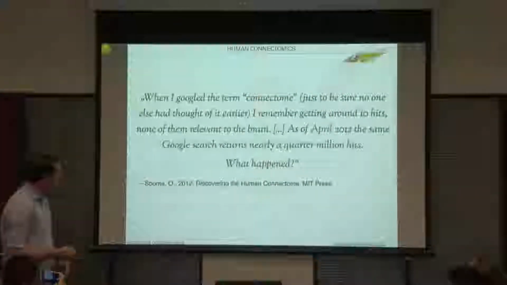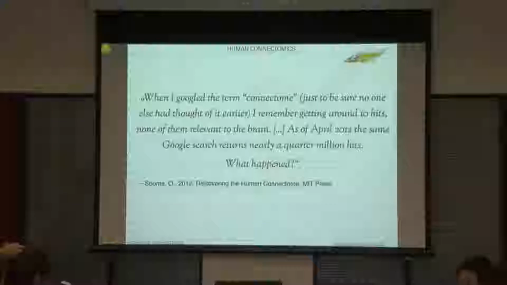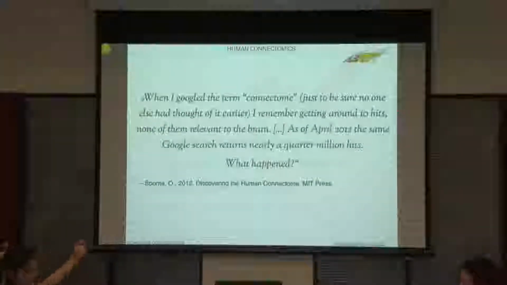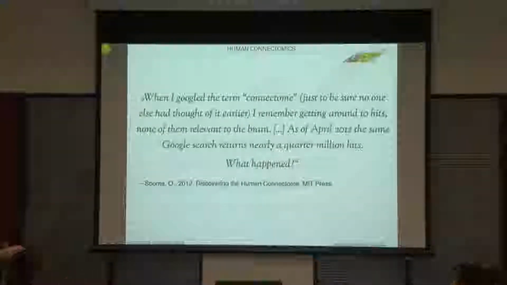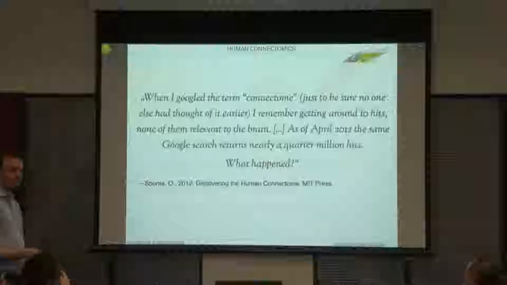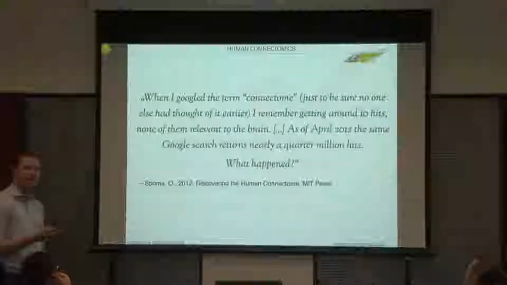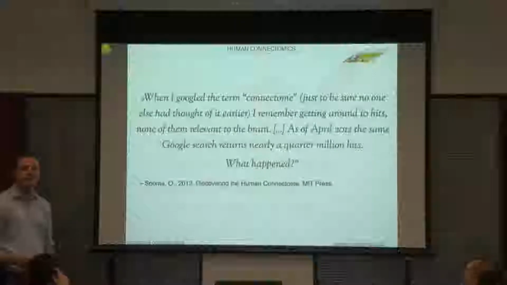There's one quote from Olaf Sporns' second book, where he said, "When I googled the term connectome, just to be sure no one else had thought of it earlier, I remember getting around 10 hits, none of them relevant to the brain. As of April 2012, the same Google search returns nearly 250,000 hits. What happened?"